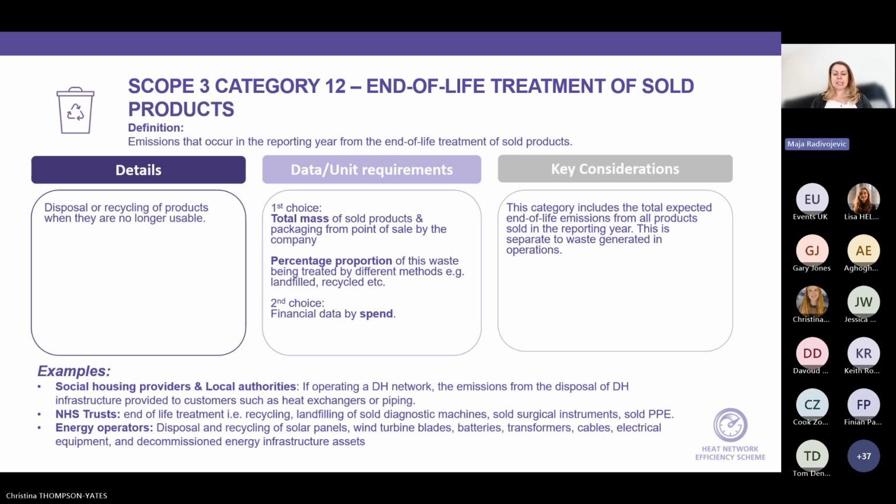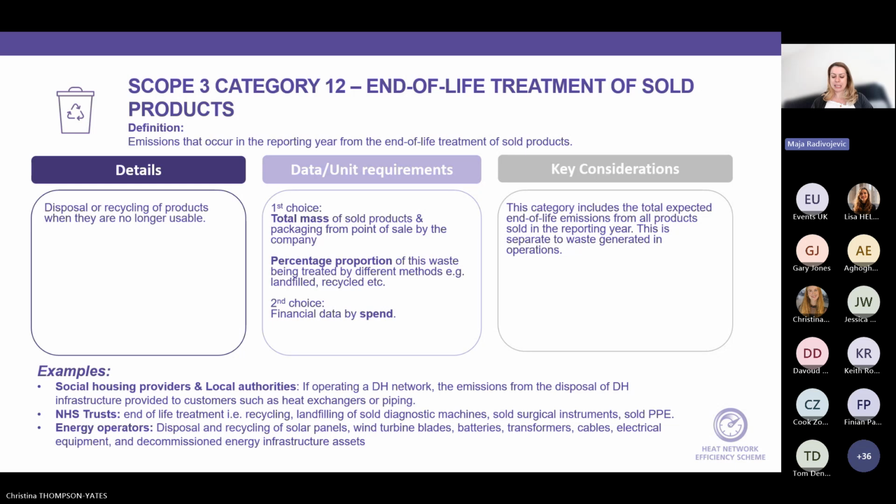So here we can see category 12, which relates to the end-of-life treatment of sold products. This includes emissions generated from the disposal or recycling of products once they are no longer usable. The data requirements might include the total mass of sold products and packaging at the point of sale, along with the proportion of waste treated through different methods, such as landfill, recycling, or specialist hazardous waste treatment.